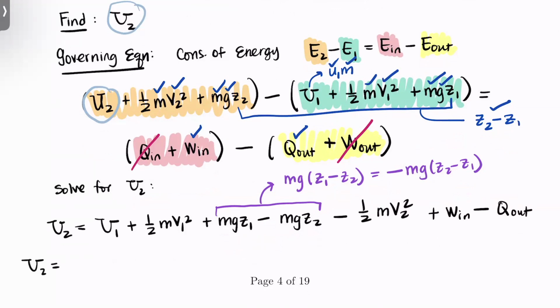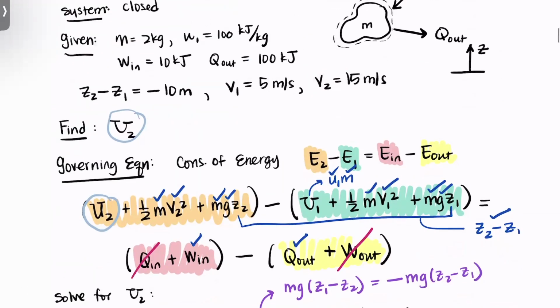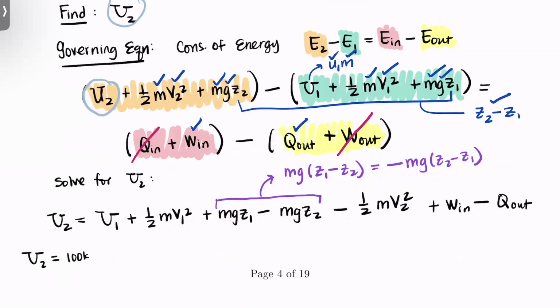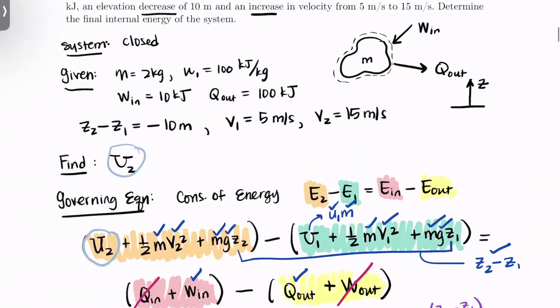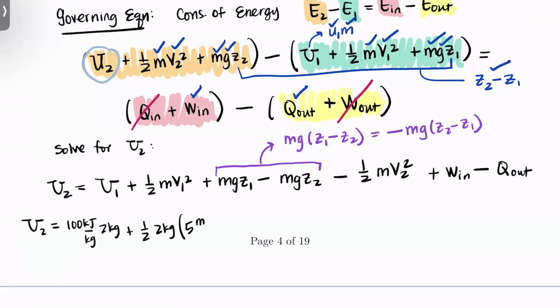U2 is equal to U1, which is our specific energy, 100 kilojoules per kilogram, times our mass, which is 2 kilograms, plus 1/2 times 2 kilograms times our velocity, which is 5 meters per second, squared, plus 2 kilograms times 9.81 meters per second squared, times z1 minus z2.